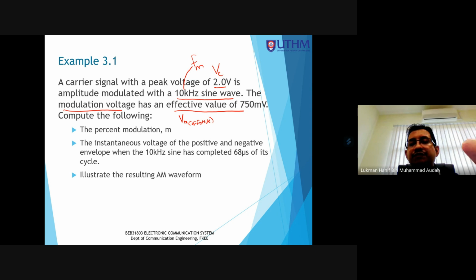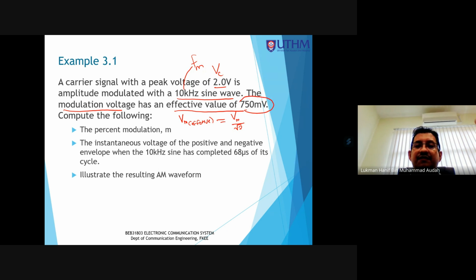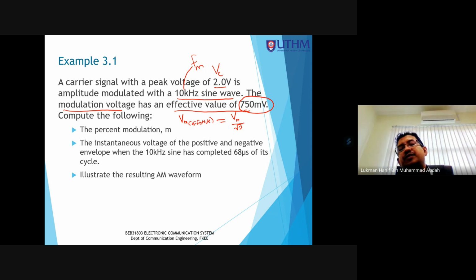So how to calculate the Vm peak? Vm effective is equal to Vm peak divided by square root of 2. If you want to find the peak value, you have to multiply the effective value with the square root of 2. In our calculations, we normally use the Vm peak.